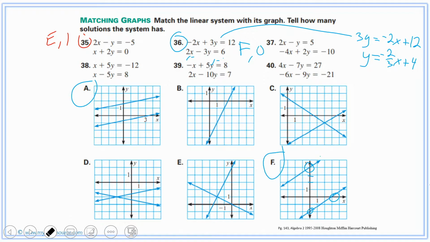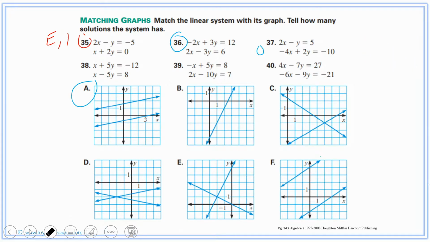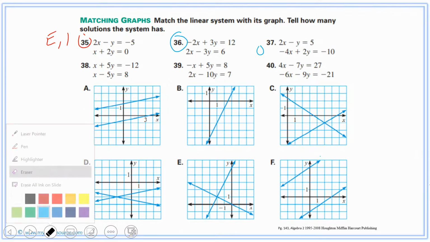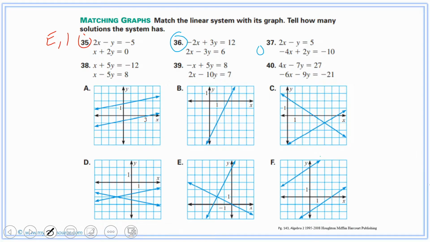So number 36 is F, and it has no solutions because it is parallel. That one doesn't want to erase. Okay, so that one is F, and we have 0 solutions.